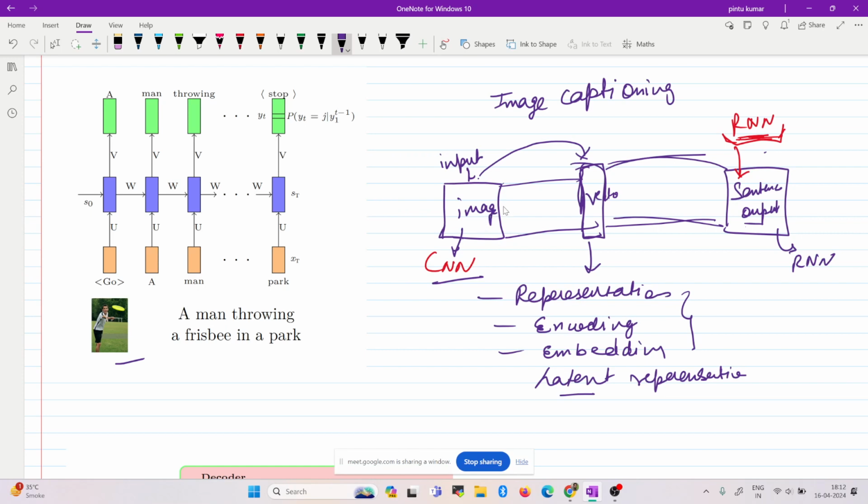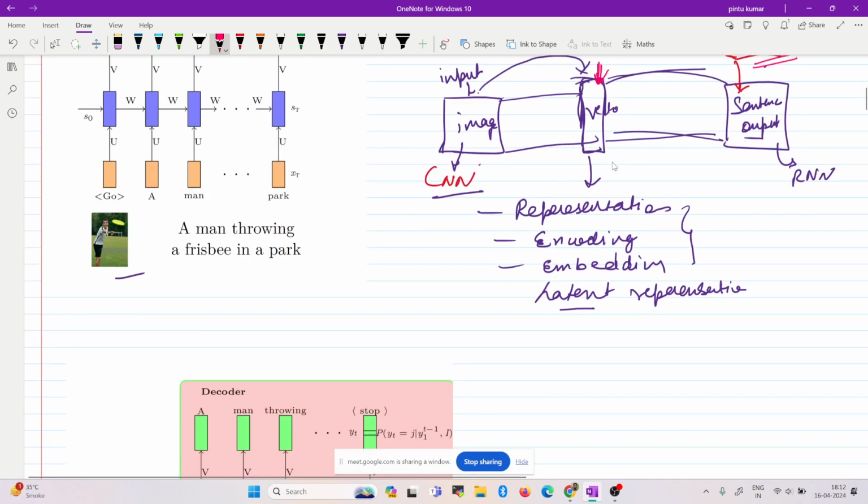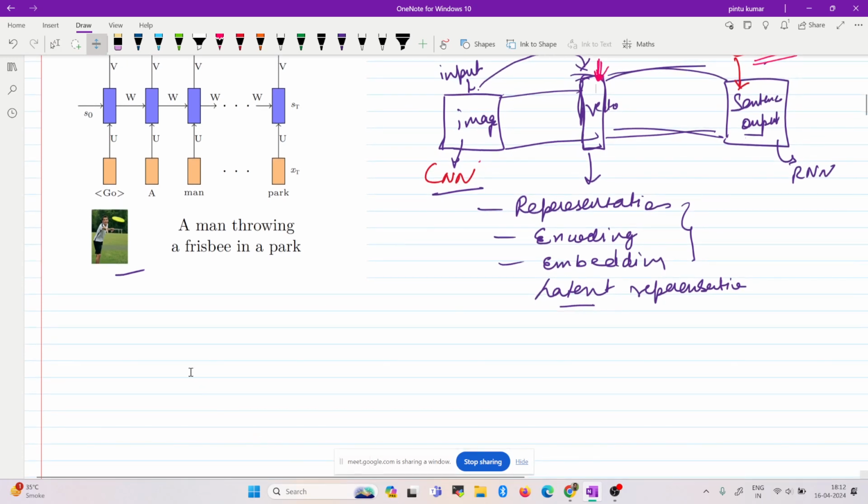So what that actually means is that, based on the kind of captions that you have in your data set, the weights of your CNN, and hence the representation that you are having, will also get updated. So just a small comment over here: let's say from an image you are trying to do two kinds of tasks.